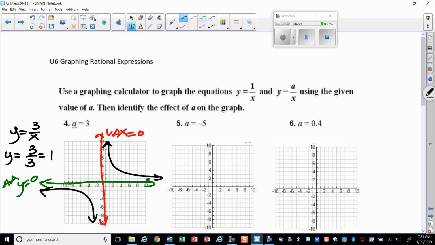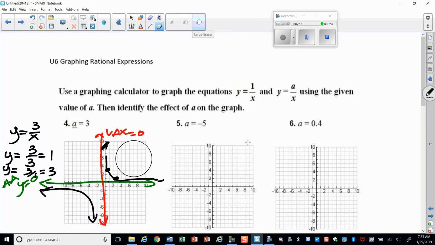So I could put that point in there, 1, 2, 3, and then y would be 1 if I wanted to have a better graph. And likewise, when x was 1, it would be 3 over 1, so it would be 3. All right, and that's not too difficult, so I can do that if I wanted a better graph. You just put in some easy points.